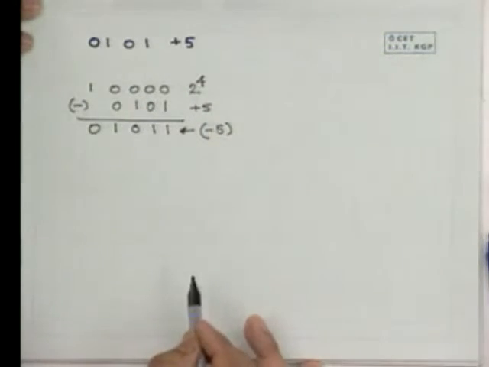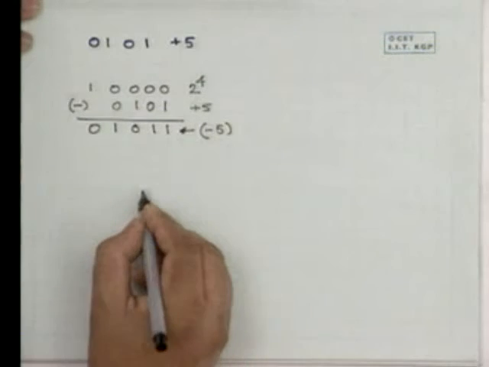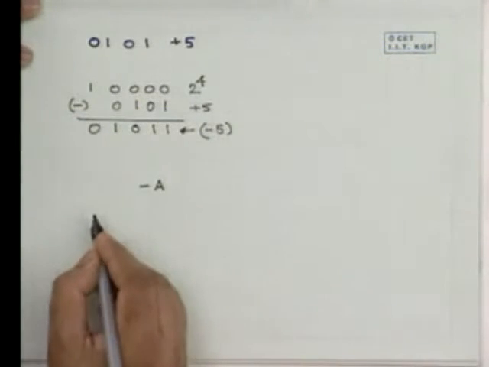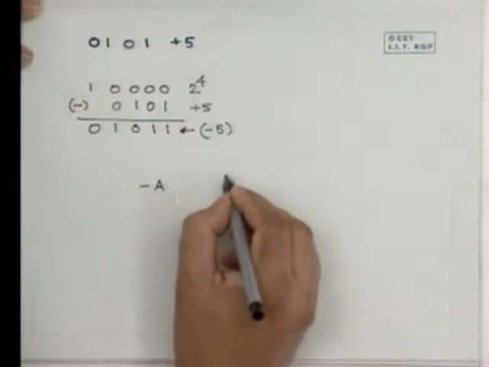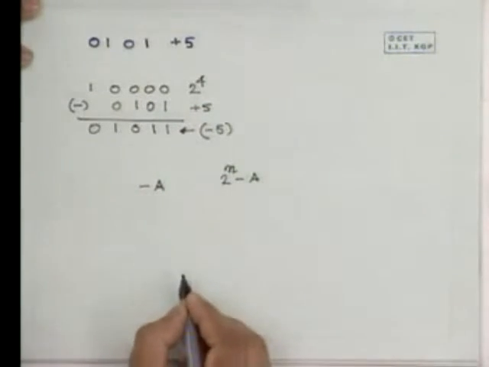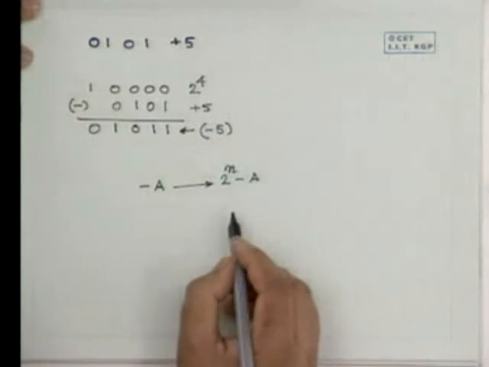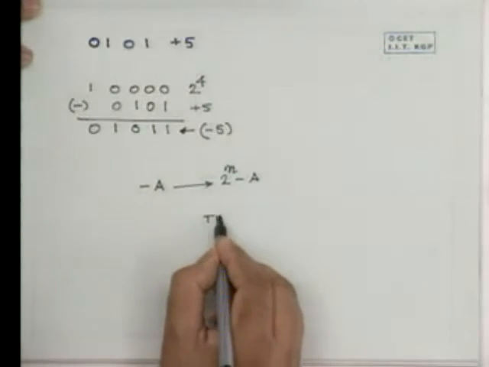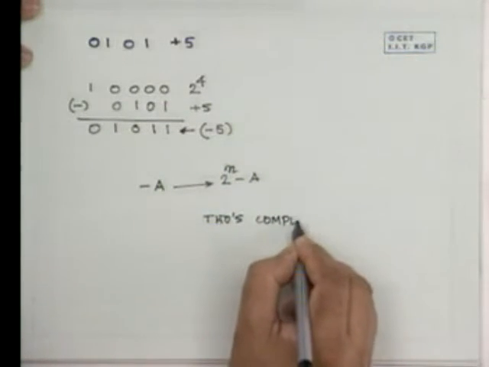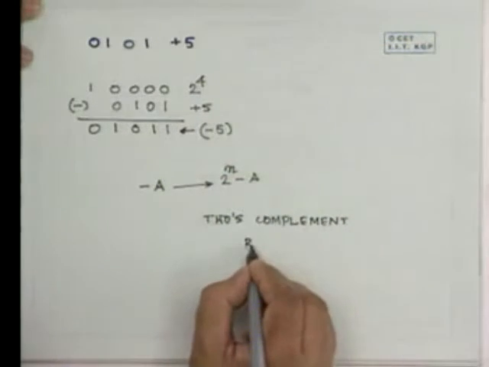Now, in the case of a general representation, if we have a number a and we want to get minus a in an n-bit representation, we take 2 to the power n minus a to represent minus a. This is called 2's complement representation.